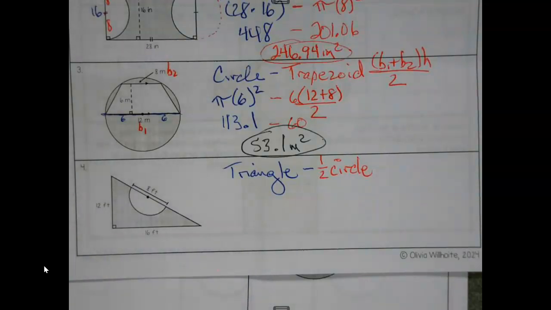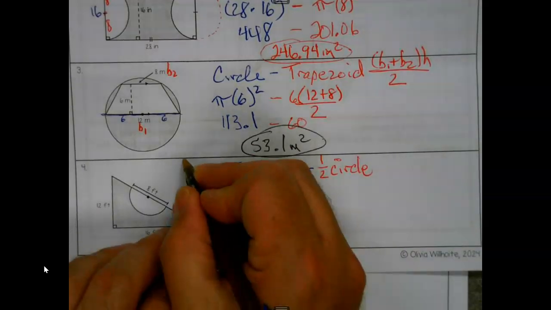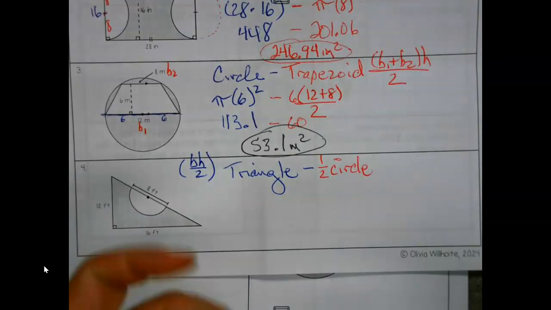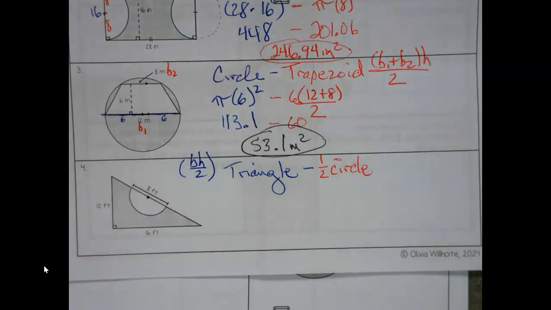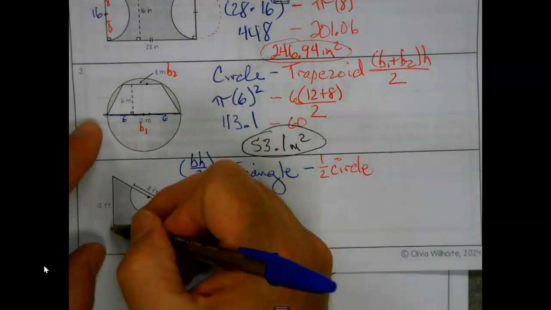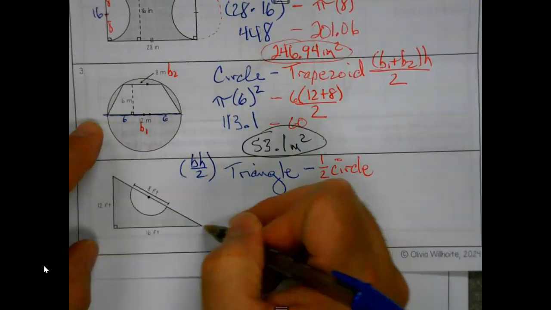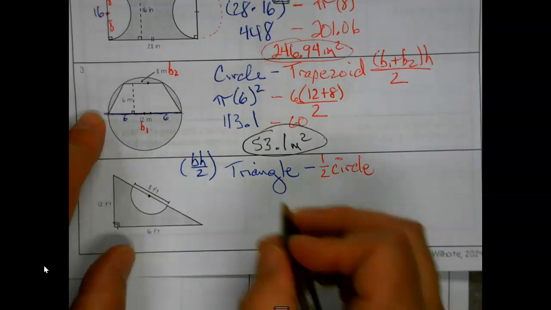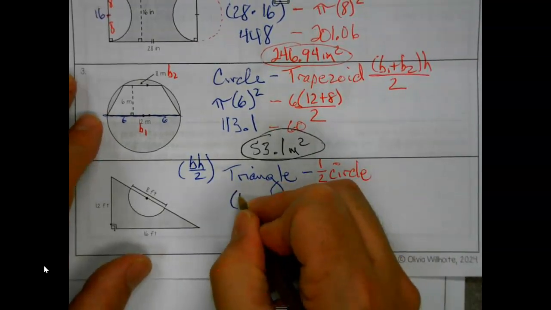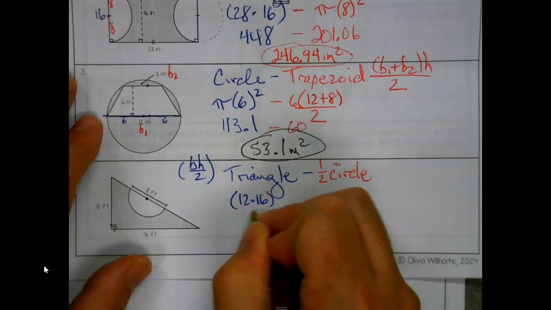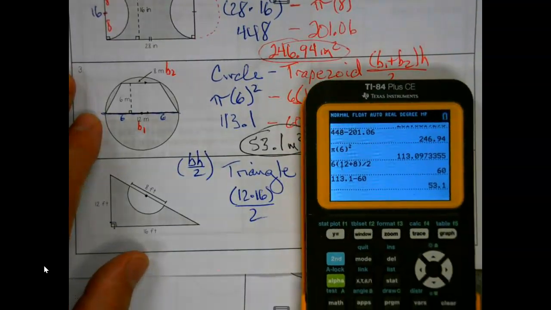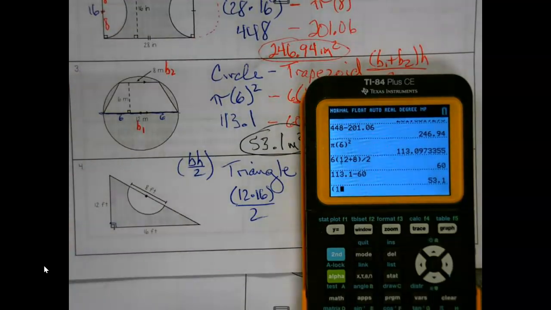Okay, so our triangle, we've got base times height divided by 2, or 1/2 base times height. So again, here's my base and my height. They're always going to make that right angle down here. So base times height divided by 2. I don't think you do need the parentheses, but I'm going to do it anyway. I'm going to play it safe.